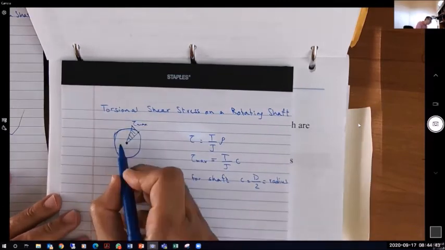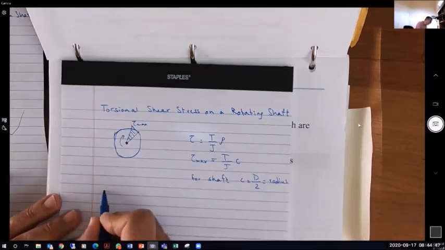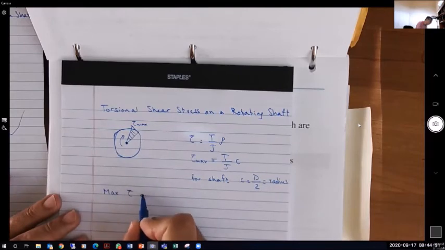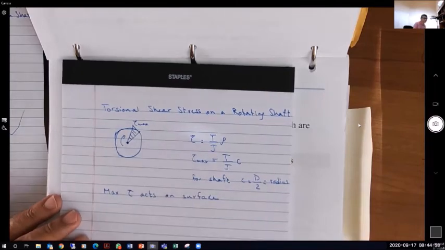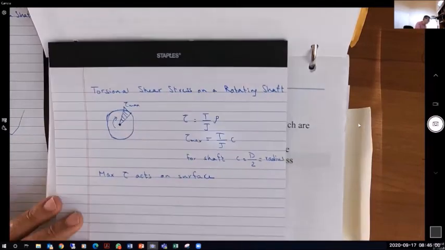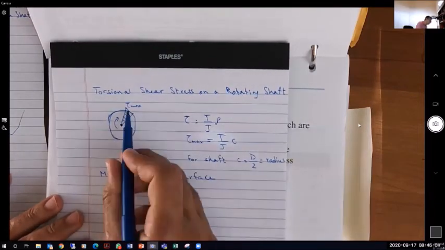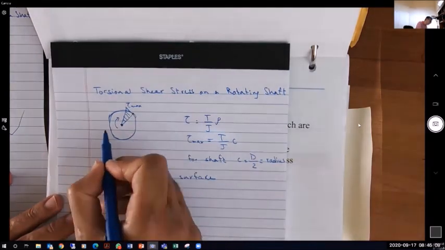Now what happens as the shaft starts rotating? The maximum tau acts on the surface. As the shaft rotates, this point is still at the surface.